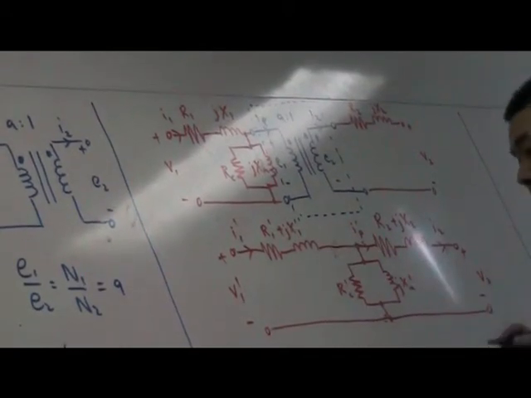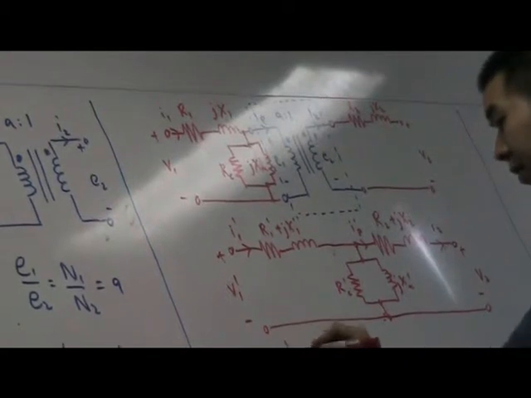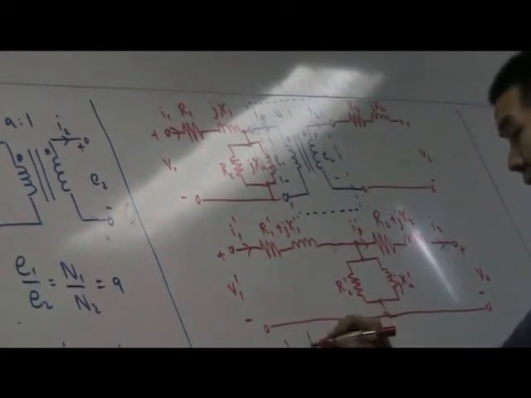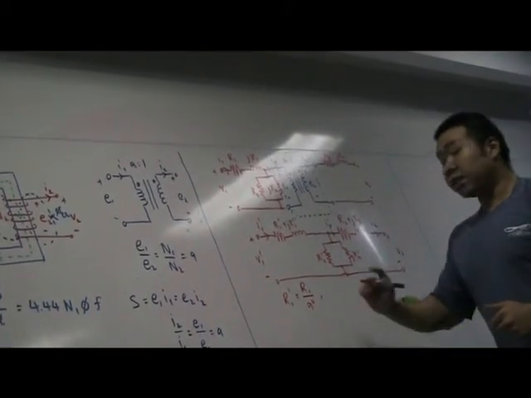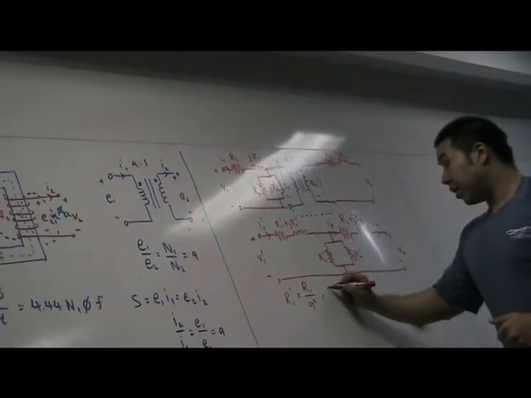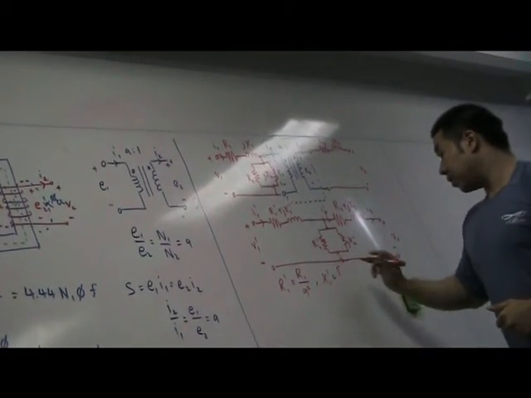Now the value of this prime R1 can be shown to be R1 over A squared, where A is the turns ratio. X1, the same thing.